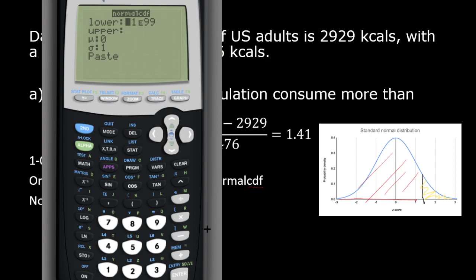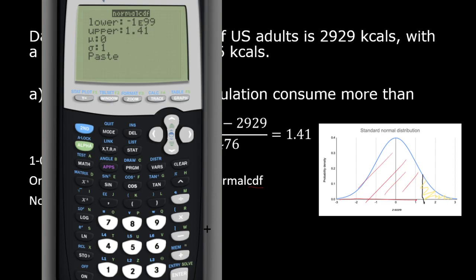It's really 10 to the 99th power with the negative sign in front, but to this calculator it's as good as negative infinity. Now it's extremely hard to put that number back if you mess this up, so I advise you not to change this. Just leave it like that, and then only put the upper number as this 1.41 that we want to find out.